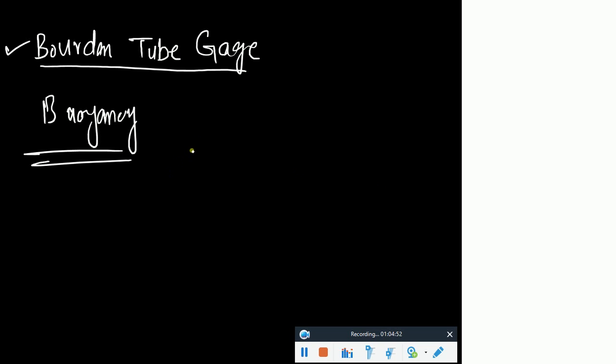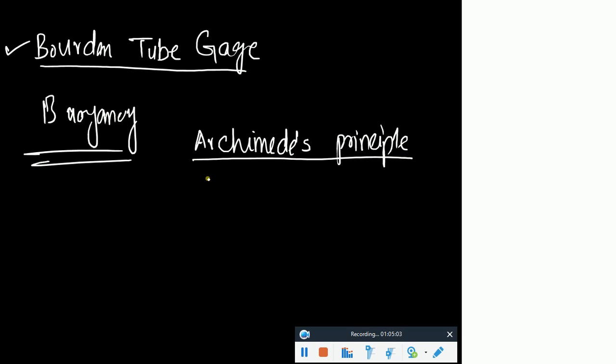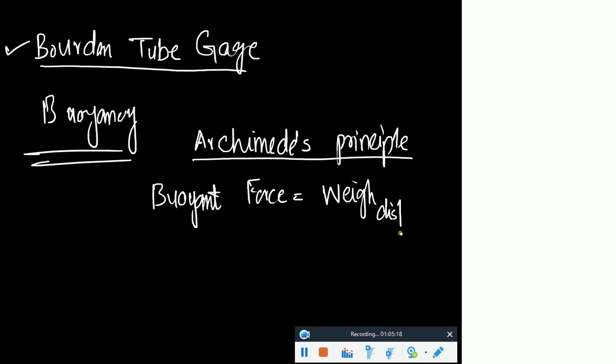From Archimedes' principle, the buoyant force has a magnitude equal to the weight of the displaced fluid by that body. Okay, this is the buoyant force. So let's understand this from one example.